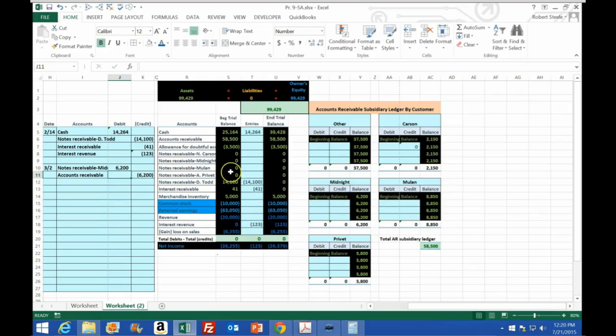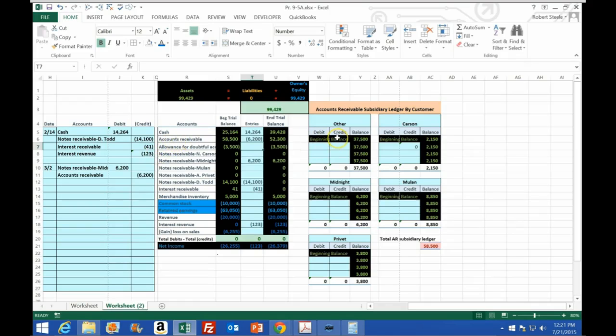So we're going to say, okay, the notes receivable for Midnight then in T9 equals the debit. That's going to make the note go up. Then we're going to go to the accounts receivable in T6 equals the credit, and that's going to make the accounts receivable go down. Now again, in real life, we wouldn't probably track the accounts receivable by name here.